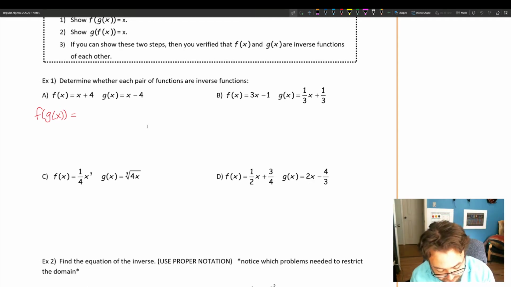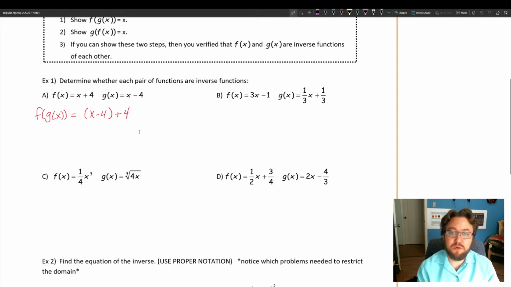So here we see x plus 4. Well, my x, I'm going to replace with x minus 4, and then plus 4. Here is the g of x, and here is the rest of the f of x that was outside it. Now all I'm going to do is simplify.